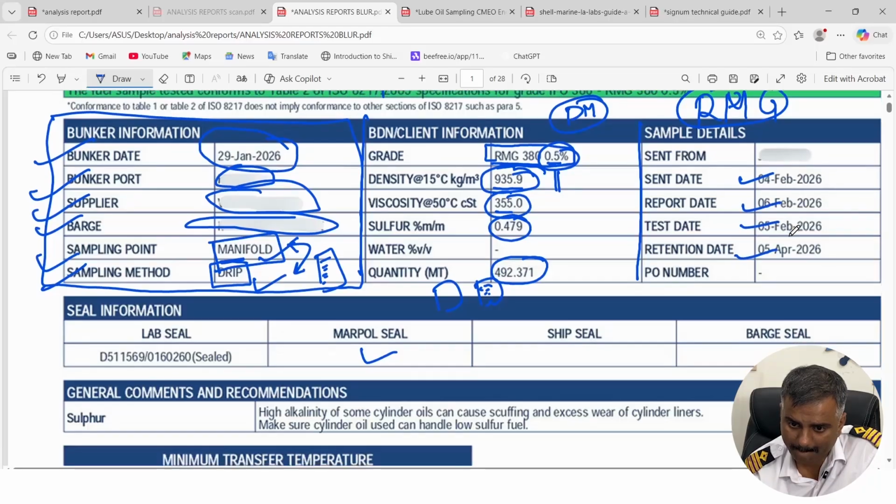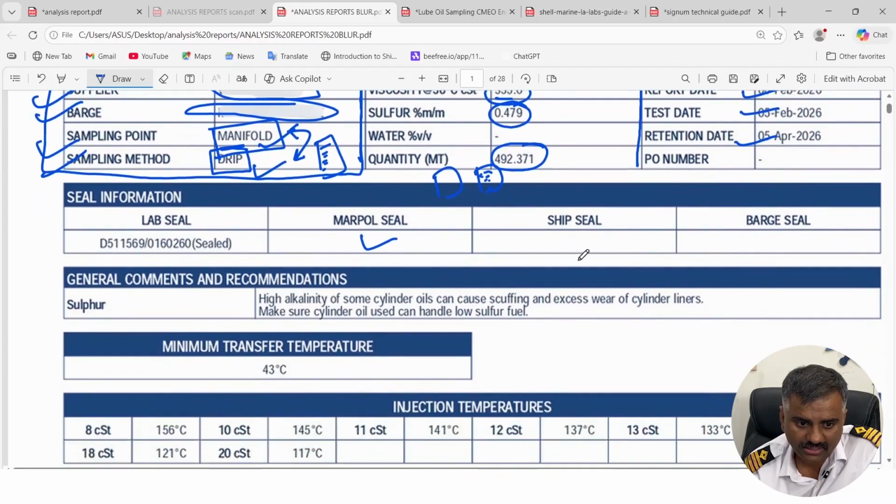And then there are seal numbers. The lab seal number was mentioned and sent. You can also send the MARPOL seal number, ship seal number, barge seal number on the sheet, so that also you have to write here.